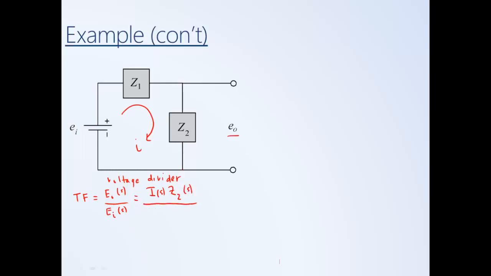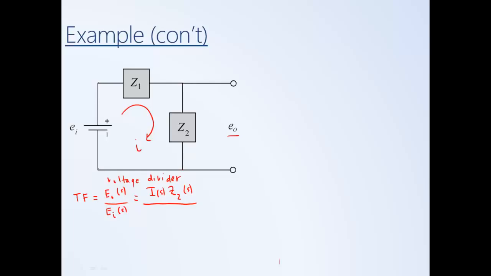The voltage input, however, spans both Z1 and Z2. So it's as if we were looking at this, EI is equal to the drop across Z1 plus the drop across Z2.